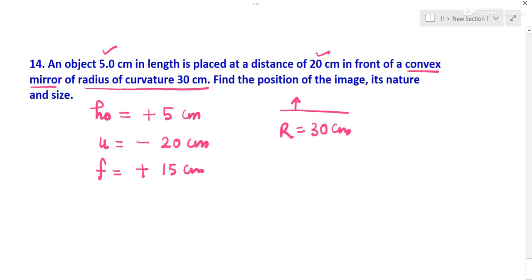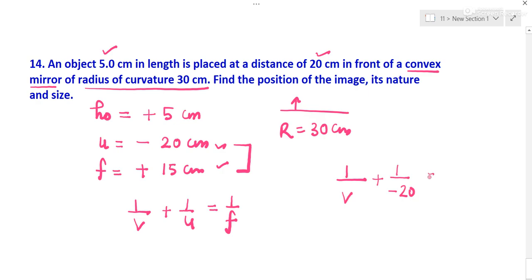So we have to do the same thing. Now u is there, f is there. Use the mirror formula, 1 by v plus 1 by u is 1 by f. And ditto, do the same way. This you should try and you can match the answer with NCERT. 1 by v, substitute, it is minus 20. This is 1 by 15. So 1 by v would be equal to 1 by 15 plus 1 by 20.